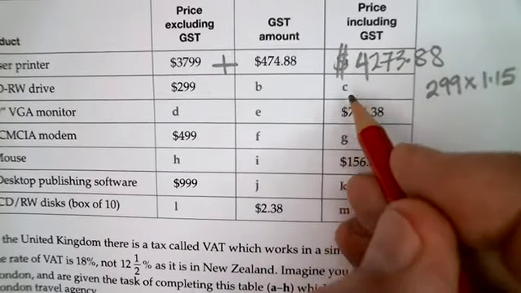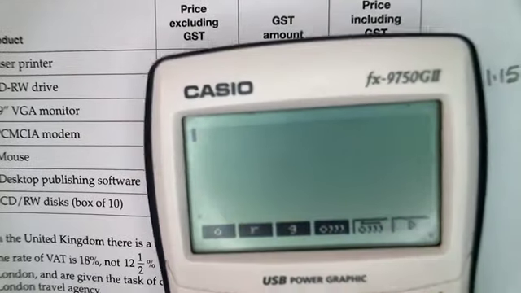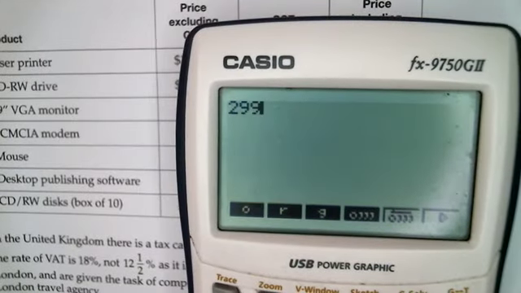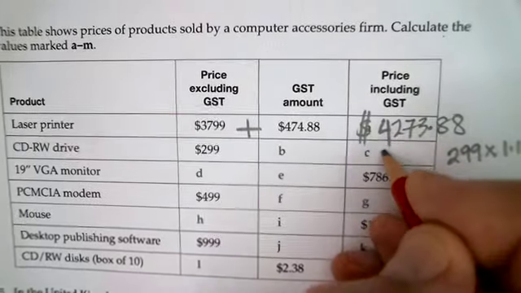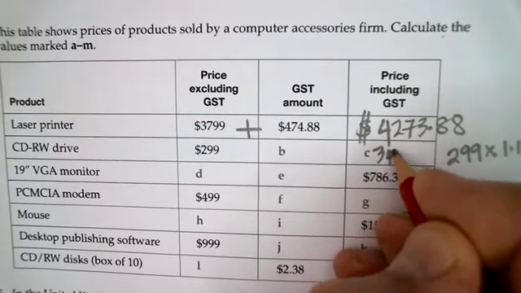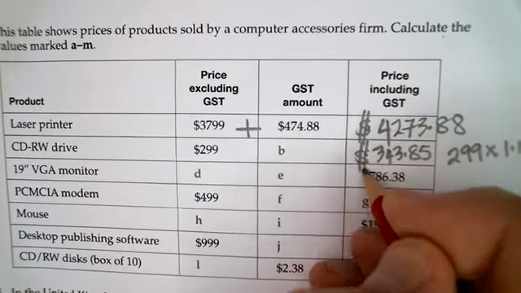And that will give me the amount including GST. So let's find that first. $2.99 times 1.15, and that's $343.85. Remembering to put the dollar sign in there as well.